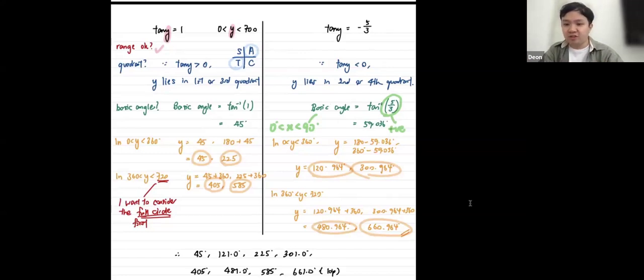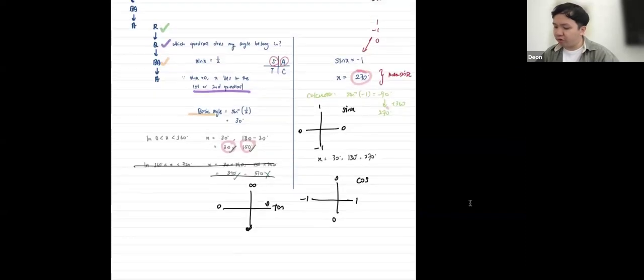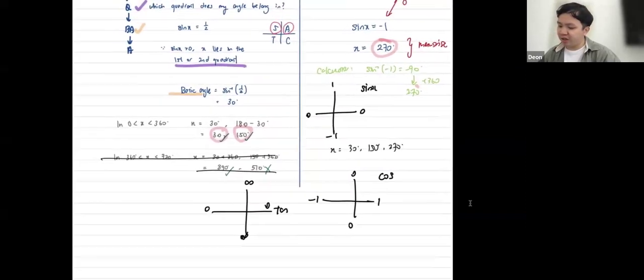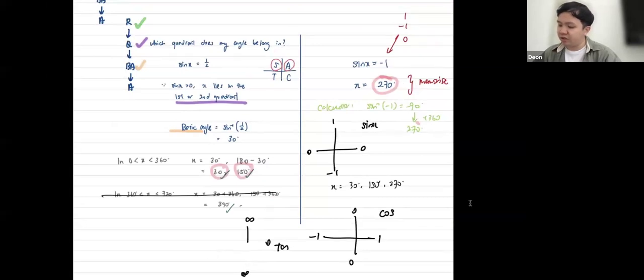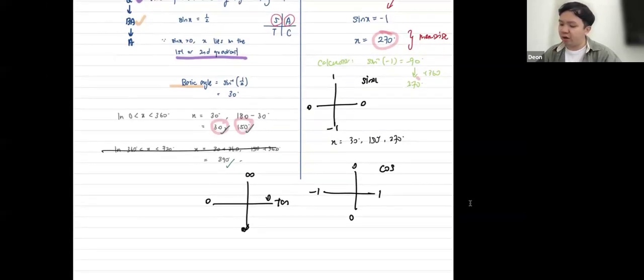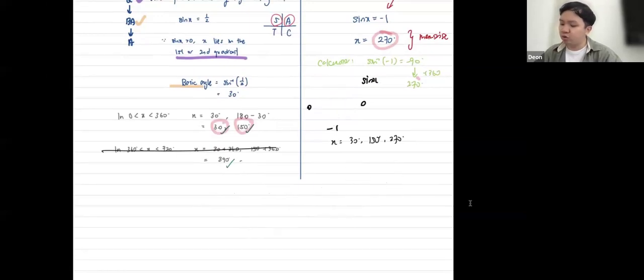For sin x equals -1 just now, we don't remove the negative sign, but we add 270. Good question. Because this is -1, just now I told you that for 0, -1, and 1, it's good for us to memorize the answer.